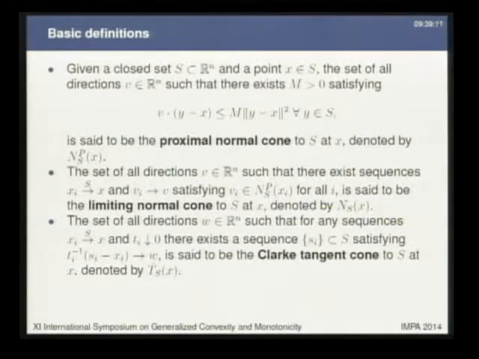Here are some basic definitions. We will make use of the limiting normal cone, and the limiting normal cone is defined like that. I won't go into the details. But we use the Clarke tangent cone instead of the Bouligand tangent cone.